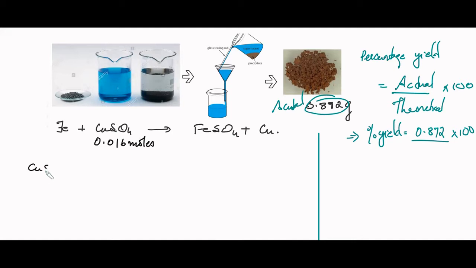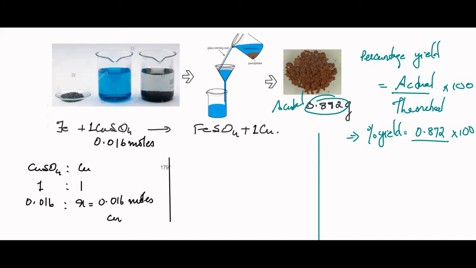As per the balanced equation, 1 copper sulfate is giving me 1 mole of copper. So if I'm having 0.016 moles of copper sulfate, the moles of copper, X, because it is a 1:1 ratio, will obviously be equal to 0.016 moles itself. So we have got the moles of copper, which is the same as moles of copper sulfate.